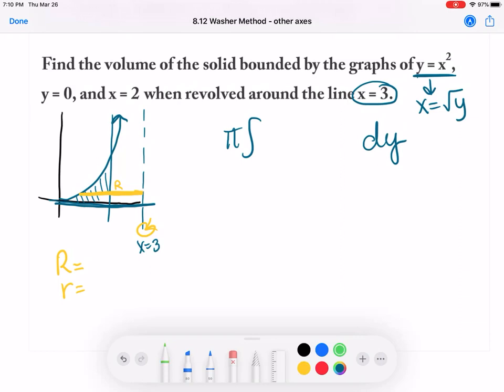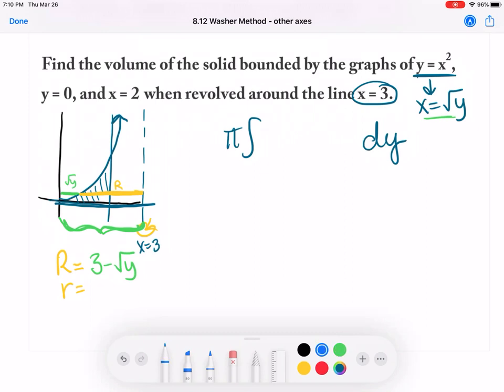It is super duper important that you realize this whole distance is 3, and this distance that's not covered by our solid is square root of y. Remember when we changed that over here? That distance is square root of y. So our large radius is going to be this whole distance 3 minus this little root y. So 3 minus root y is our large radius.